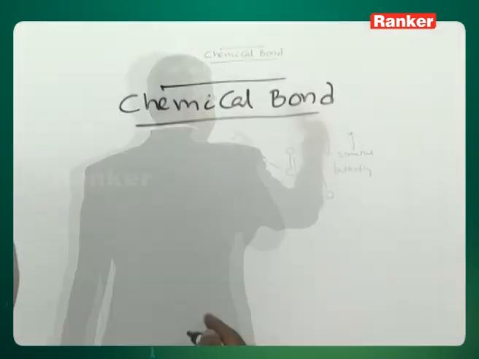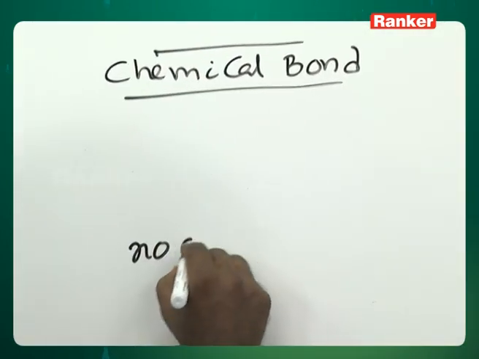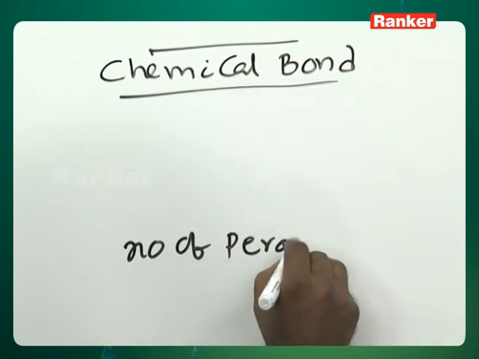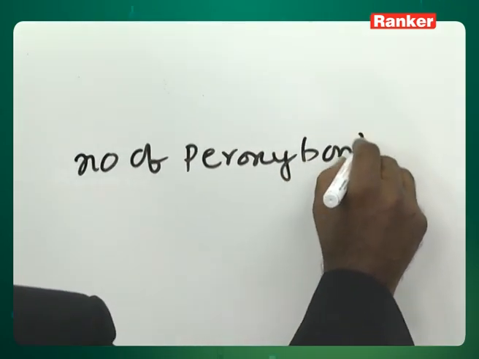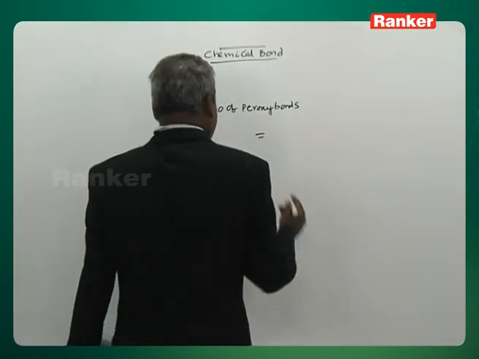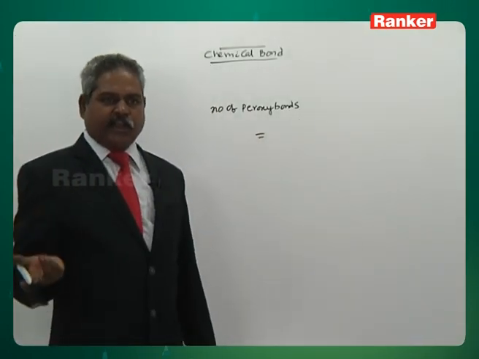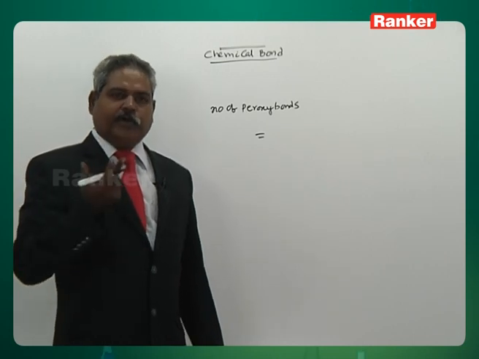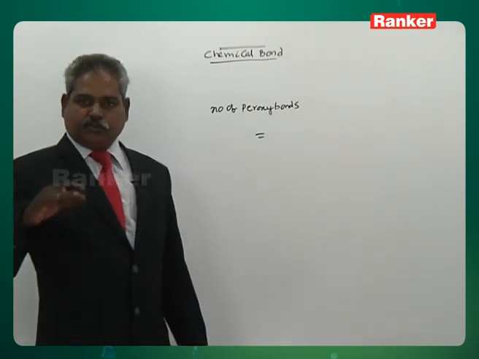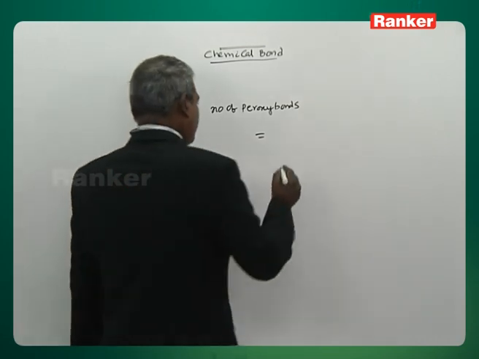CrO5. The number of peroxy bonds is equal to the number of peroxy bonds. You don't need much of a formula. It is common sense. The demand made by oxygen is for 10 electrons. The demand chromium can meet is 6. So, oxygens must look out for 4 more.